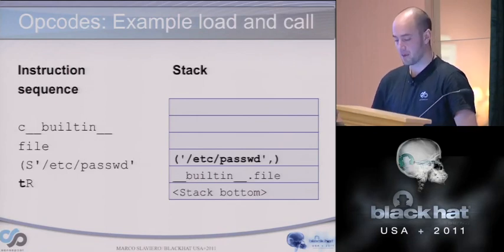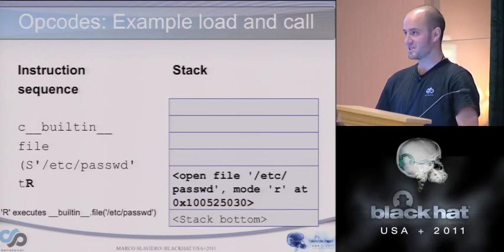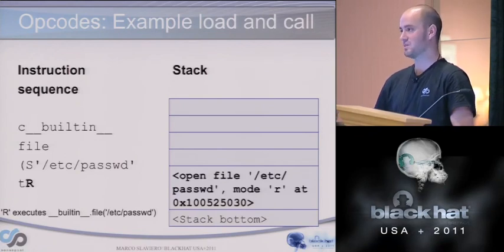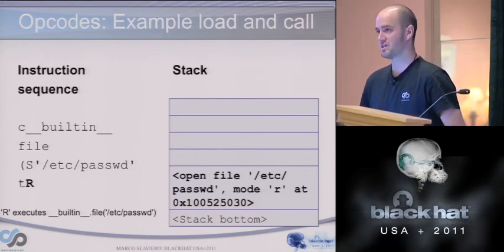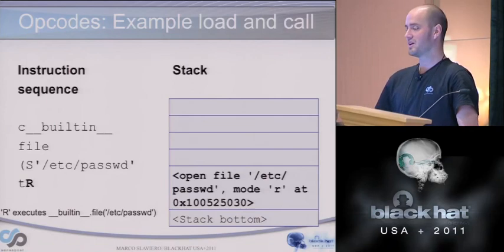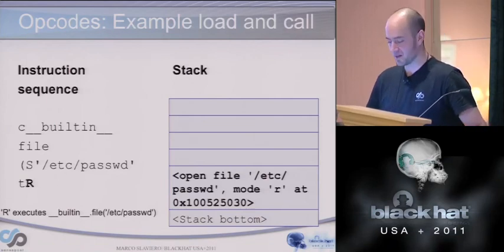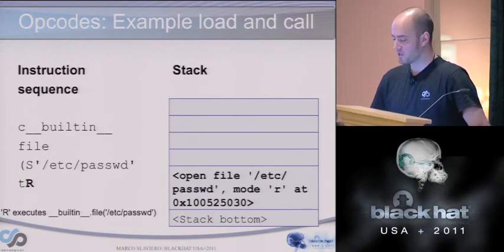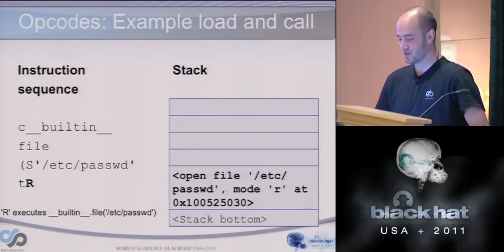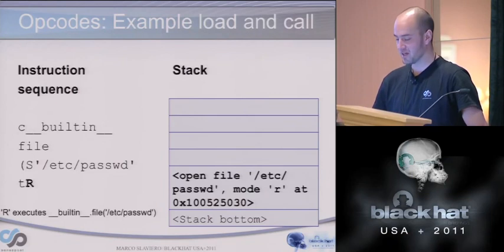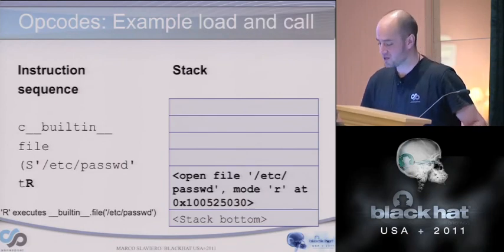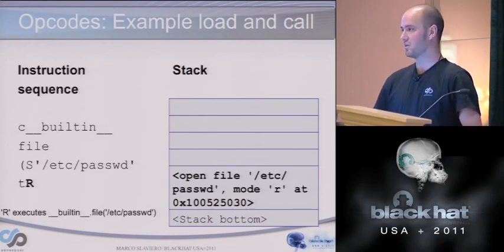It's R. And what R does is it takes that callable and applies that callable to the tuple that was also sitting on the stack. In other words, we get to call a function with data that sits on top of the stack. And whatever comes back from that function invocation gets pushed back onto the stack. So now what we have on the stack is no longer the callable or the tuple. What we have on the stack is an open file object.